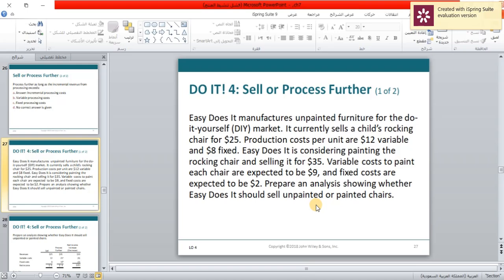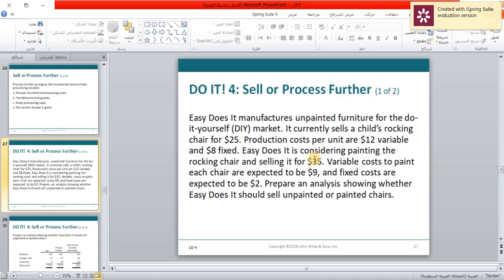It is considering painting the rocking chair and selling it for 35, to process further and sell it at a new price of 35 instead of $25.